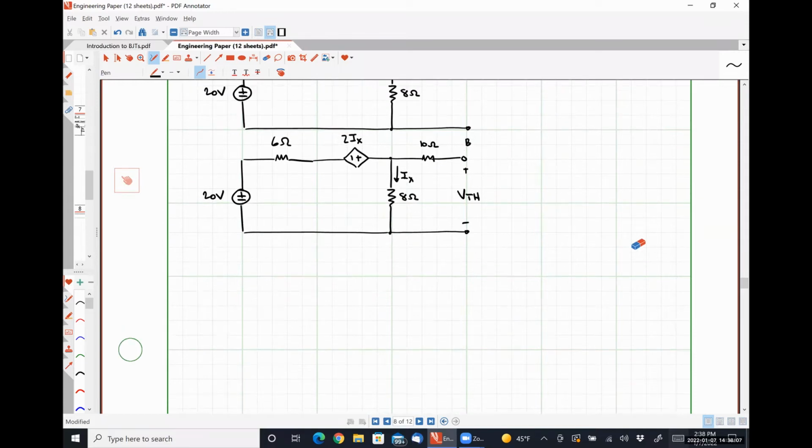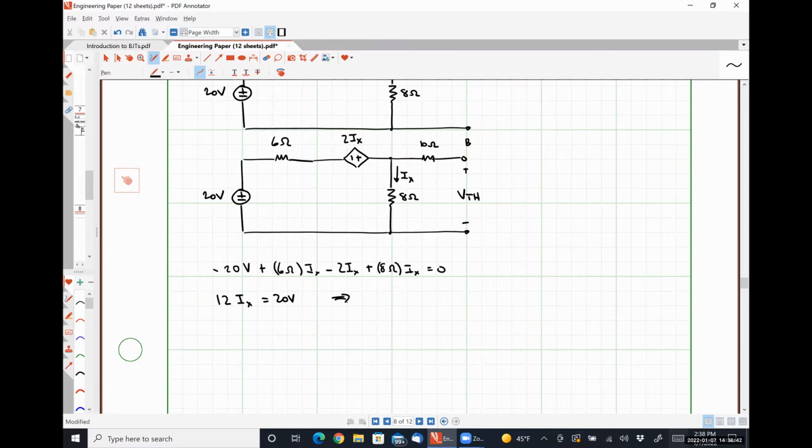So we would have negative 20 volts plus 6 ohms times Ix minus 2 Ix plus 8 ohms times Ix is equal to 0. So that's going to look like 6 minus 2, which is 4, plus 8, 12 Ix is equal to 20 volts.